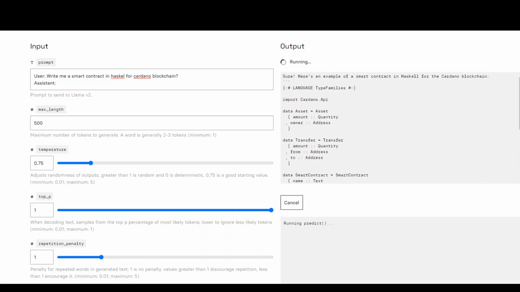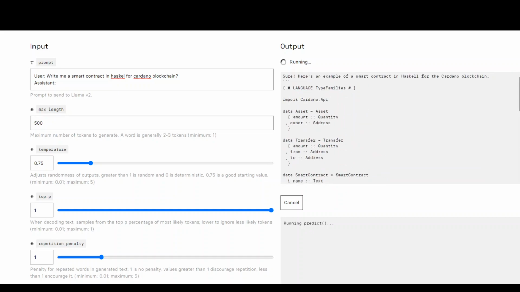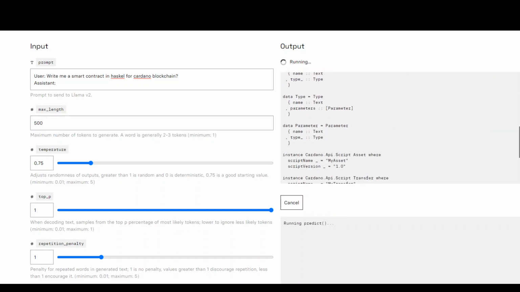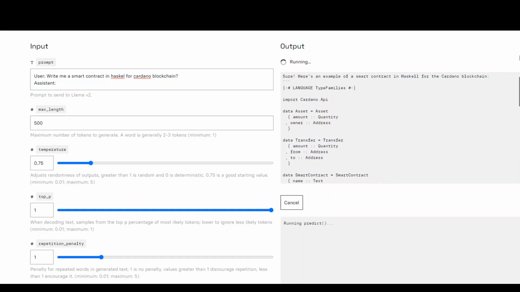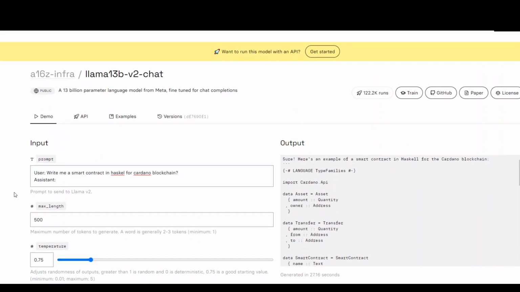Whereas MPT7B was unable to do so, it produced a smart contract in Solidity, which is not the Haskell language anyway. But this is great. As you can see, it is still generating it. So very nifty and quick LLM, I would say.